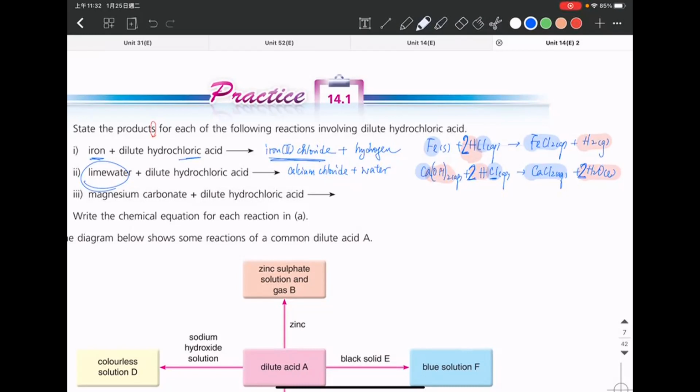Magnesium carbonate reacts with dilute HCl. For those who have a pen, you can also draw it on screen.